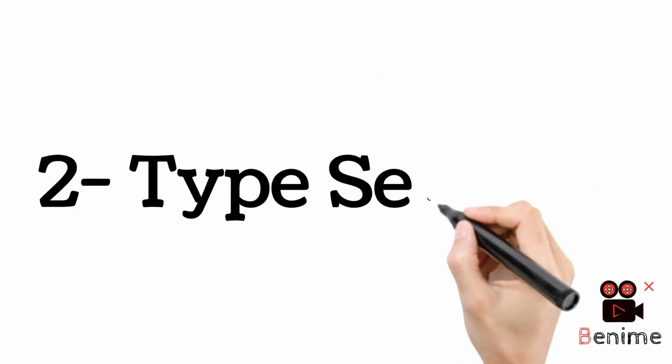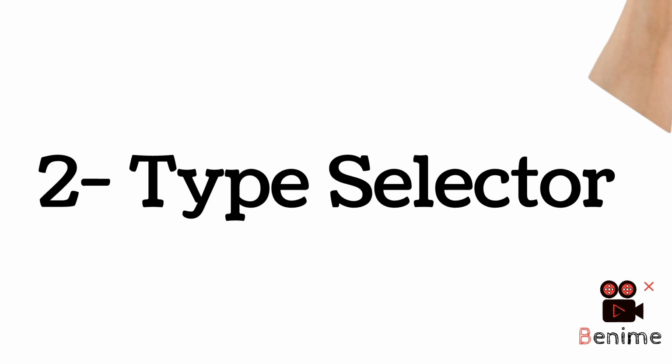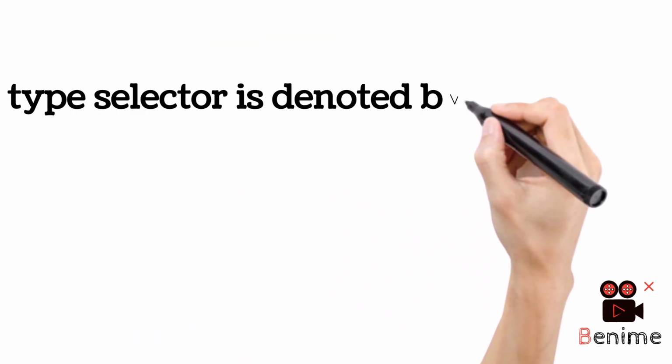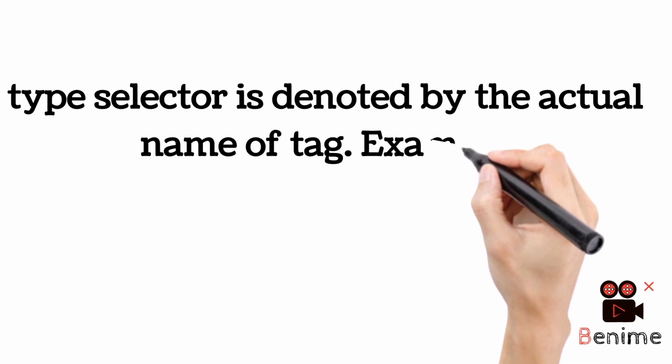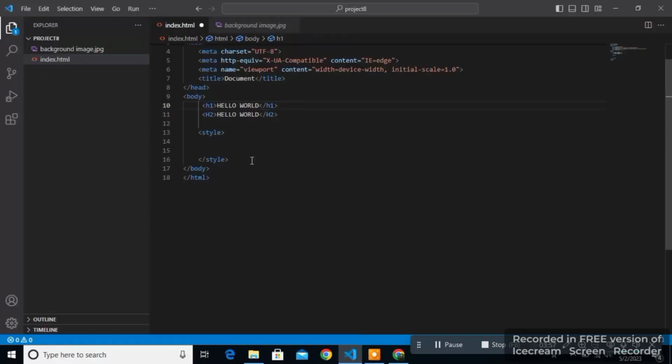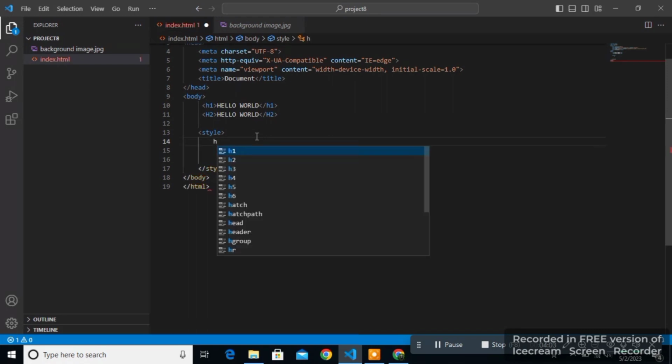Second is type selector. Type selector is denoted by the actual name of any tag. Example, in type selector we have to denote type with the actual name of the tag.